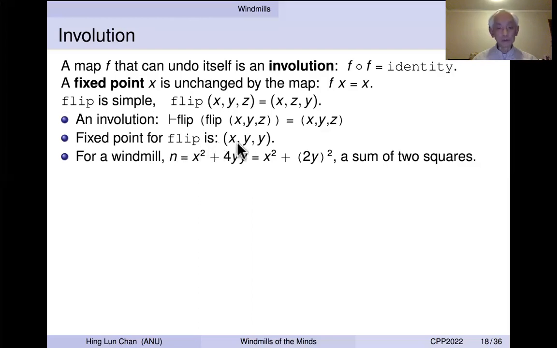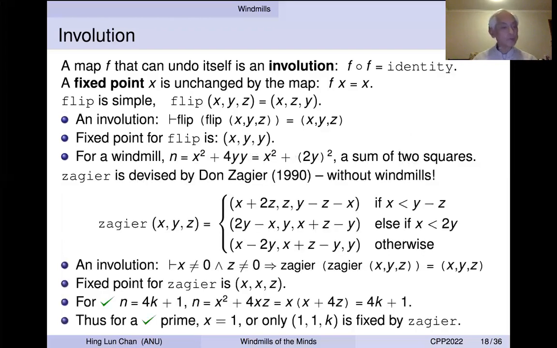And for a windmill, if you've got a fixed point, as I have said, then we can express it in this way as a sum of two squares. This is actually devised by Don Zagier, and he gets this expression without using the concept of windmill, which is quite remarkable. And this is the expression from Zagier. All right, don't worry.